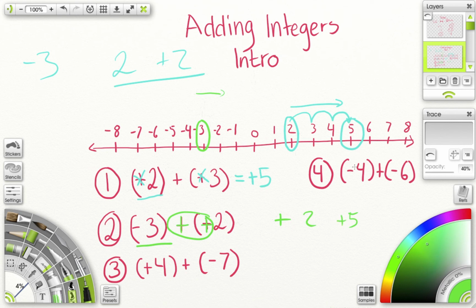You just don't always see it, but it's there. So you have two plus signs beside each other like this. It means you always go to the right on the number line.